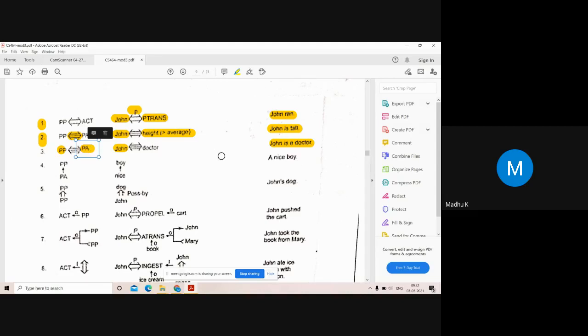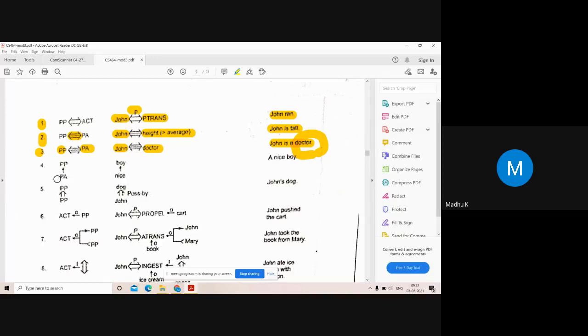Doctor is the property of John, so doctor is a PA. We will use the third rule. If the sentence is like this, we represent it in this way: PP here, and doctor as PA here.